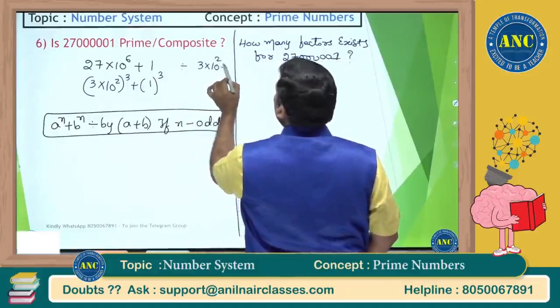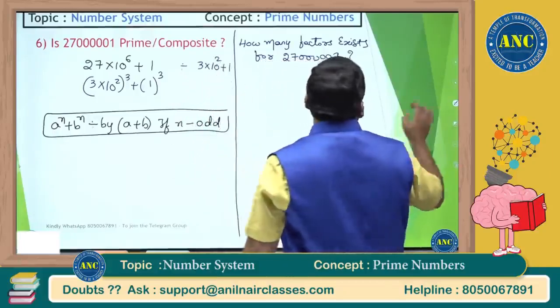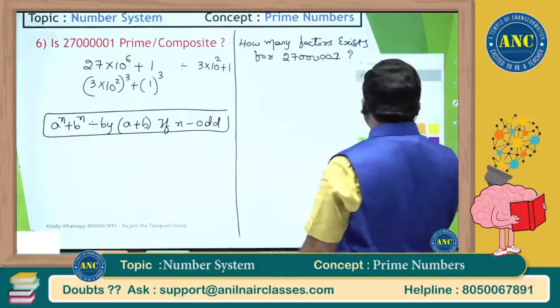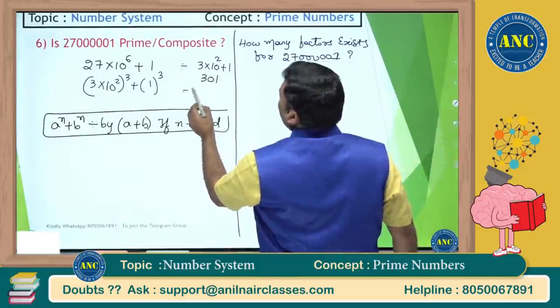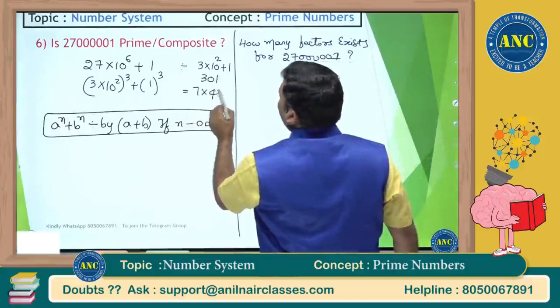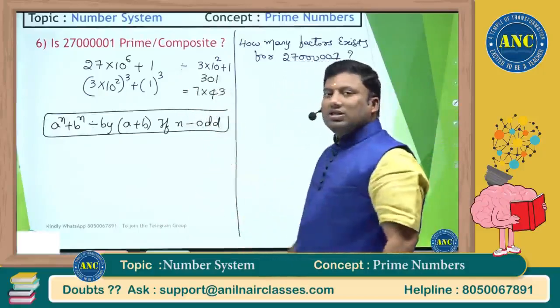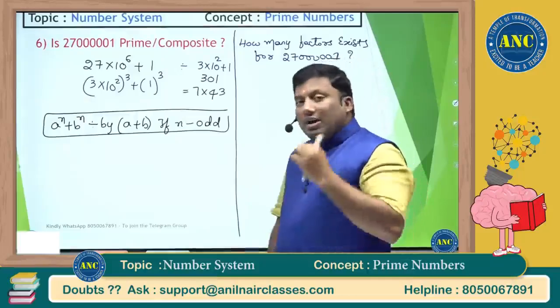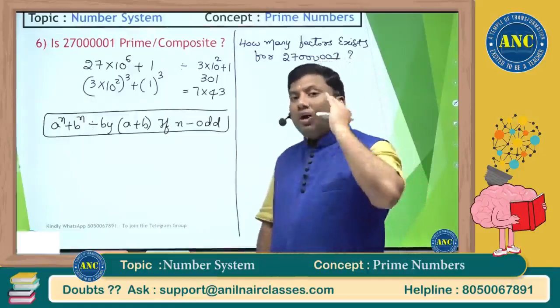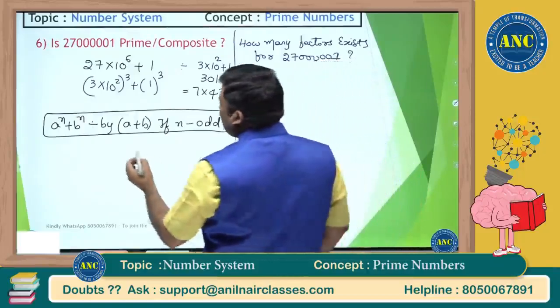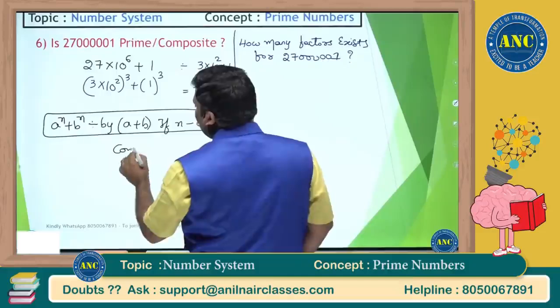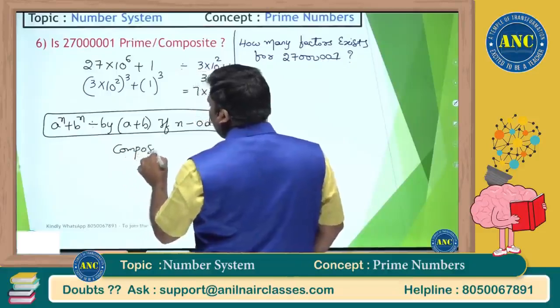A is 3 into 10 square, b is 1, so 3 into 10 square plus 1 is 301. 301 is 7 into 43. If a number is a prime number, it should have only two factors, 1 and the given number, but it got factors 7 and 43. Then the number is a composite number.